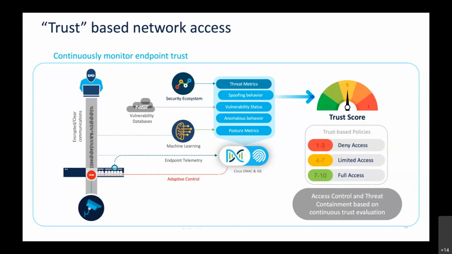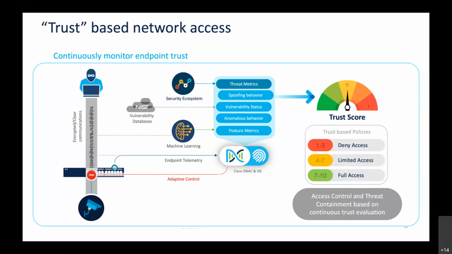And for trust analytics, we take these sources of data, and if you look in the center portion of the slide in the blue box, these are some of the telemetry and data sources that we plan on using in the product. And today, spoofing behavior at the top is the single functionality that we have deployed in the product. So we're able to detect MAC address spoofing, and then of course use that to ultimately provide a trust score for an endpoint.